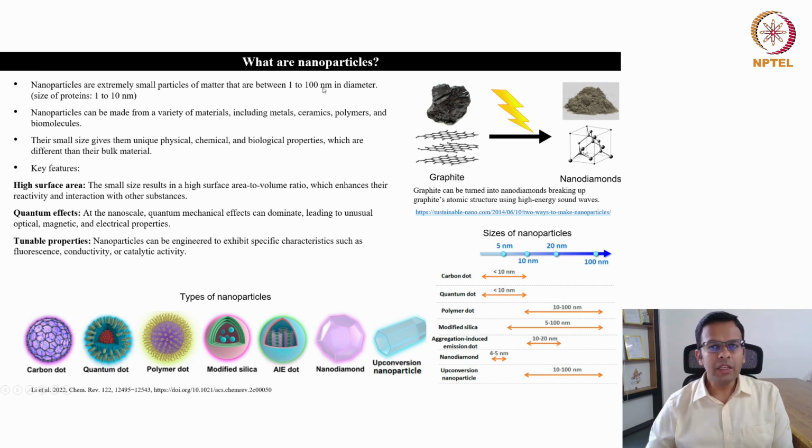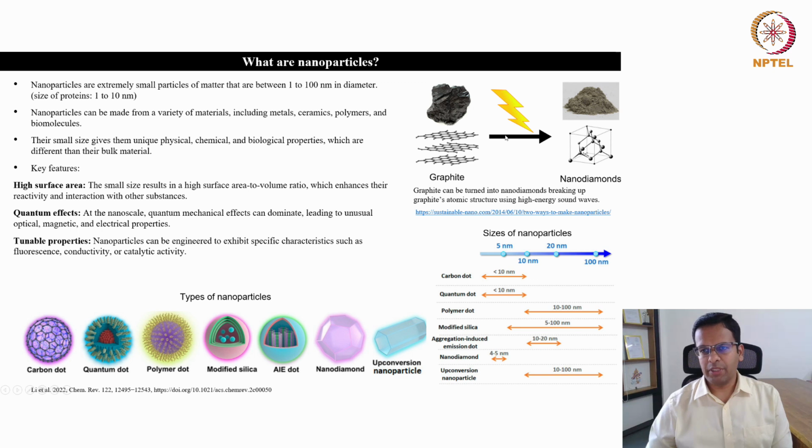Nanoparticles can be made from a variety of materials, including metals, ceramics, polymers, and biomolecules. Their small size gives them unique physical, chemical, and biological properties which are different from their bulk material.